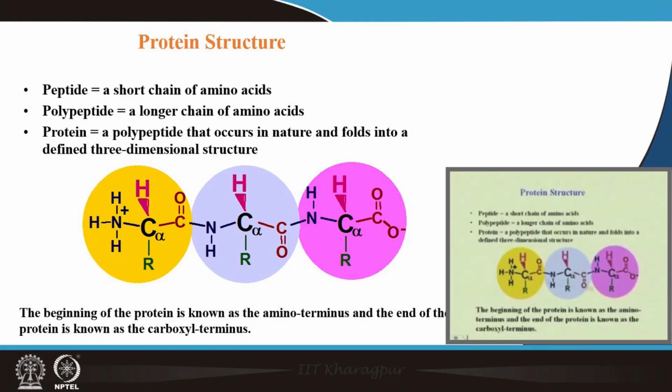Now if we look at these linkages, you can now say that when we're at a pH of 7, we have lost the carboxylic acid proton. So a protein is always represented in this form. So this is a tripeptide.